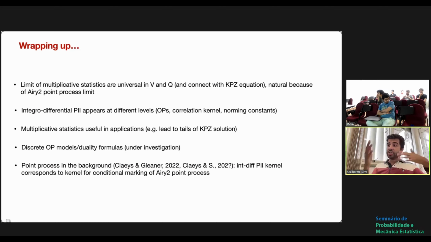And those deformations have to do with certain conditional thinning processes, and our result, the fact that we have a limit for those multiplicative statistics and that they connect to the Airy two-point process, can be interpreted not only in terms of statistics, but in terms of convergence of point processes themselves. But I won't say much about that today.